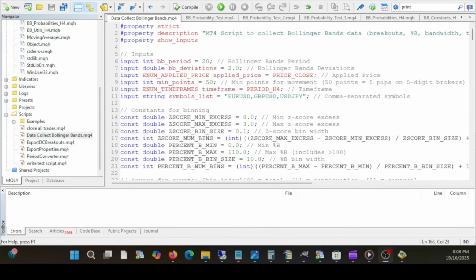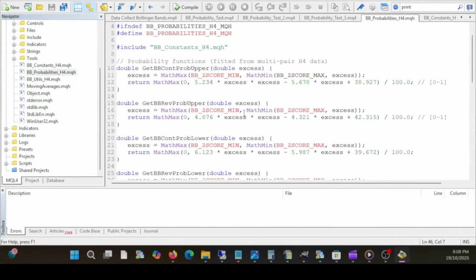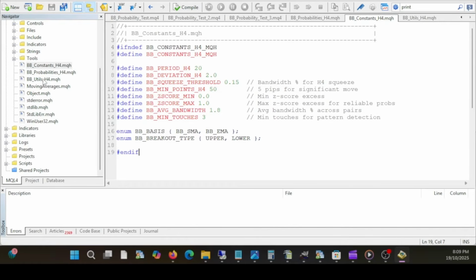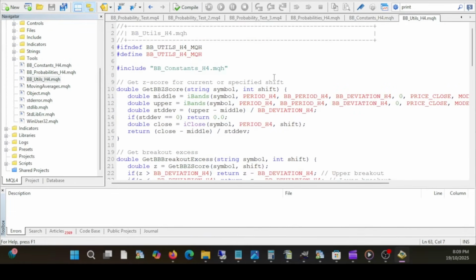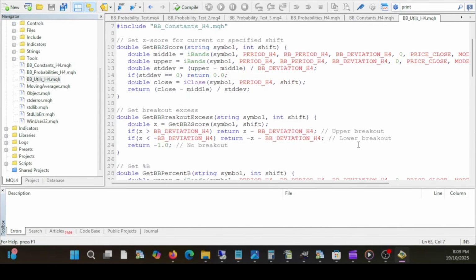Now, how we implemented this in the EA using include files. We simplified the data into include files for the EA. The file BB probabilities contains fitted quadratic equations from the CSV data. The file BB utils contains functions for z-score, breakout excess, %B, squeeze, touches.